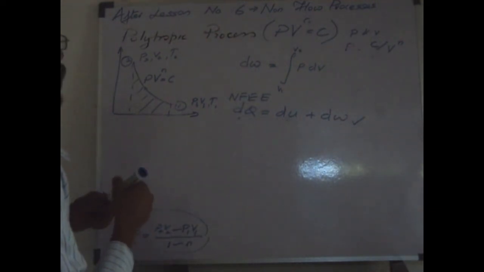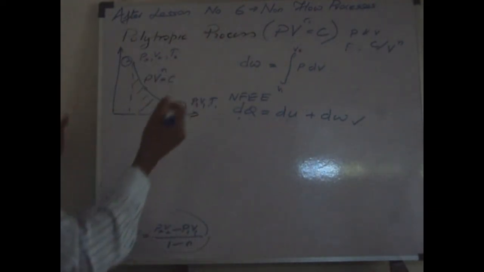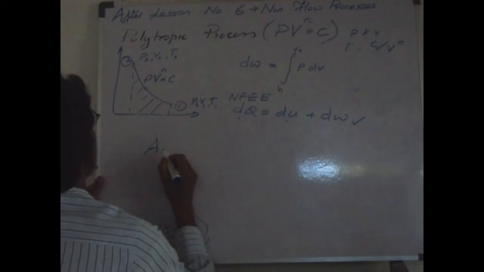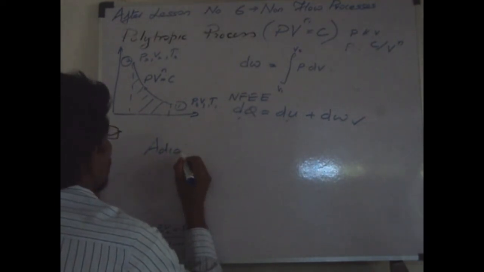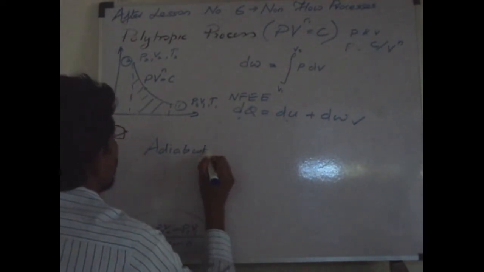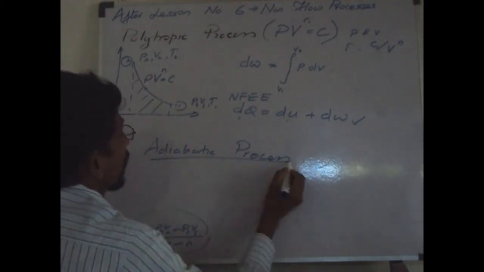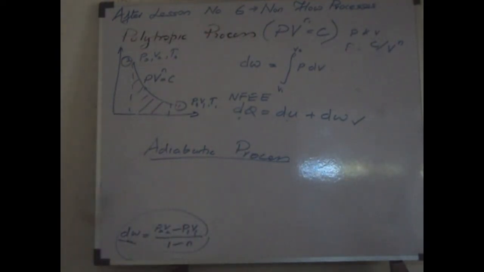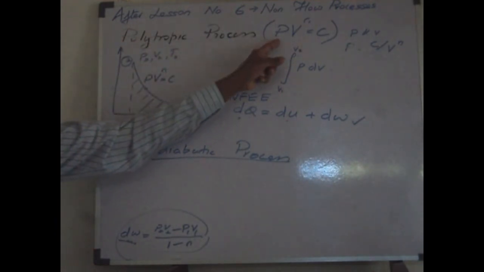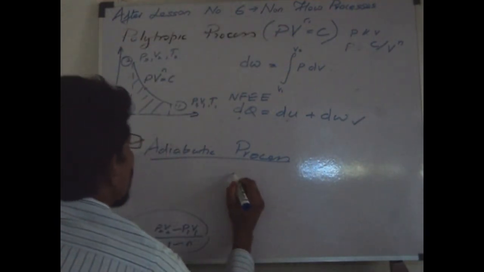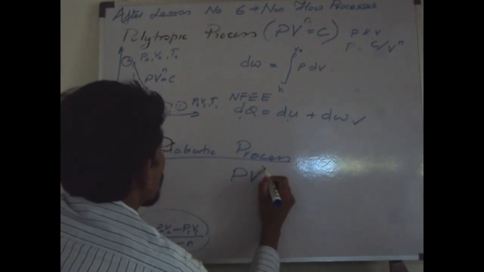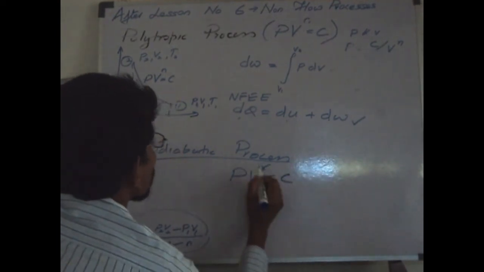The next one will be the adiabatic process. What is the adiabatic process? In the polytropic process, you have PV to the power n equals constant. In the adiabatic process, you have PV to the power gamma equals constant.